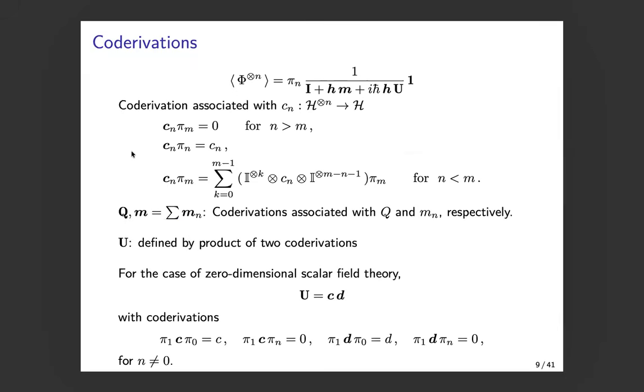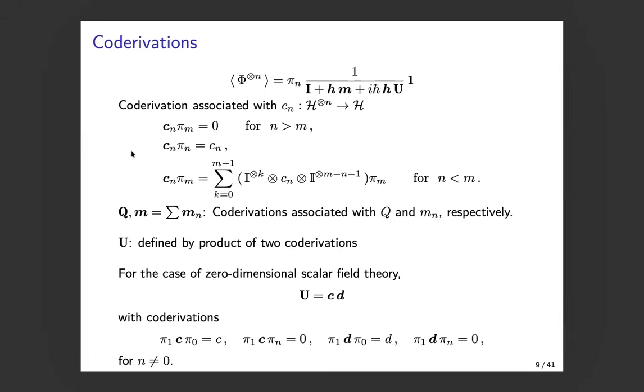When we have Cn, which is a multilinear operator from H tensor n to H, we define the operation like this. Then the bold-faced operator Cn is called a co-derivation. Q and Mn in the action can be extended to co-derivations, and we denote the bold-face Q and bold-face M as the coalgebra representation of Q and Mn, so the co-derivation version of Q and Mn.